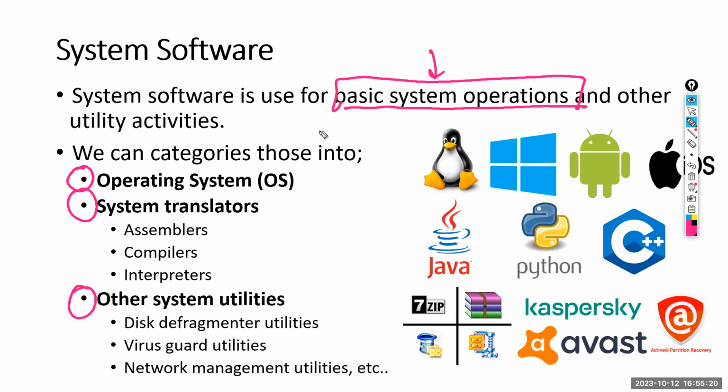So the main part of system software is the operating system. That is obvious, right? What are the tasks of the operating system? Manage hardware, manage software, right? For example, if I want to install a software, I use the support of the operating system, because software is under the operating system, and it runs the other software and manages files.